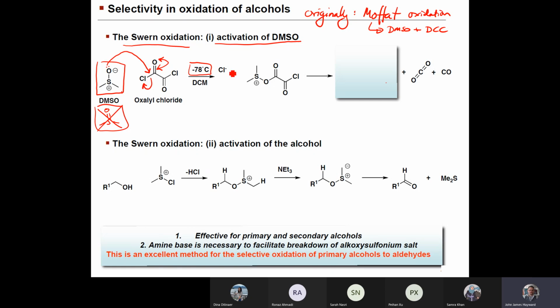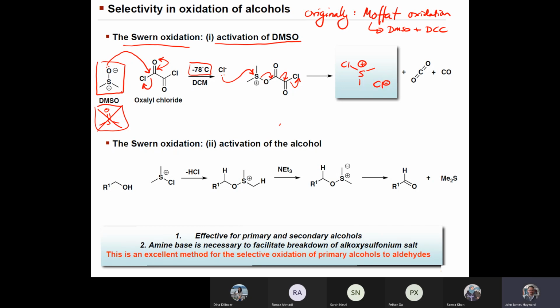So the chloride then can attack the sulfur in an SN2-like fashion, which kicks out carbon dioxide, carbon monoxide, and one equivalent of chloride. So what that ends up looking like is SCl plus with a chloride counterion.